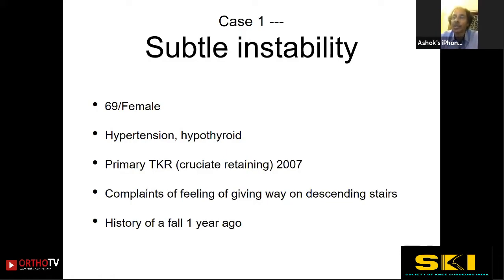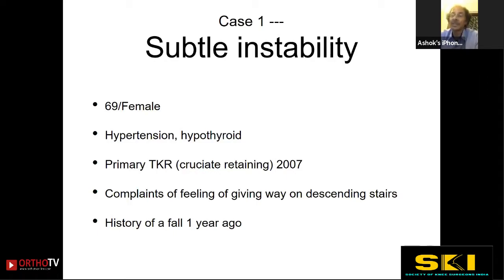So this is a patient who is a 69-year-old female. She's hypertensive, hypothyroid. She had a primary TKR, a cruciate retaining type of procedure, done in 2007. She did really very well. She had no real complaints until about a year ago when I first saw her.